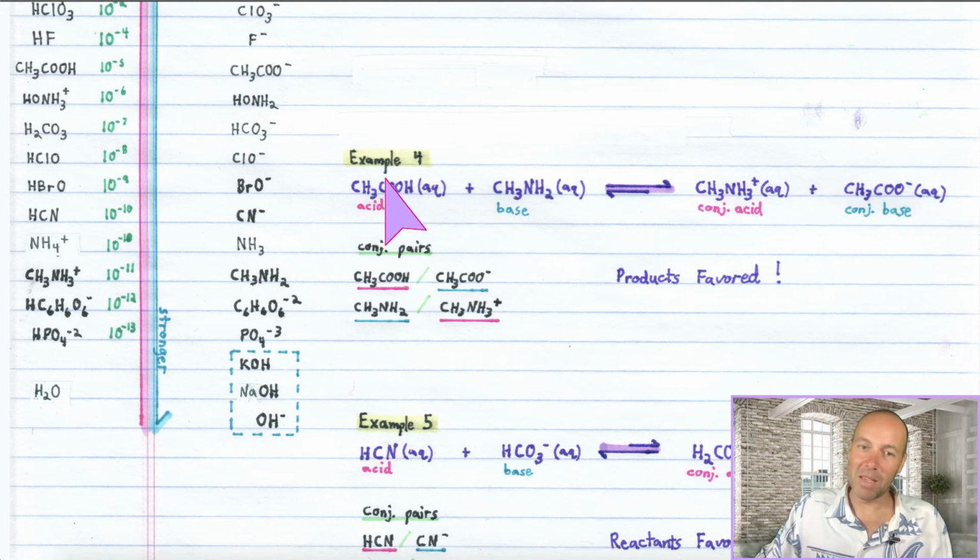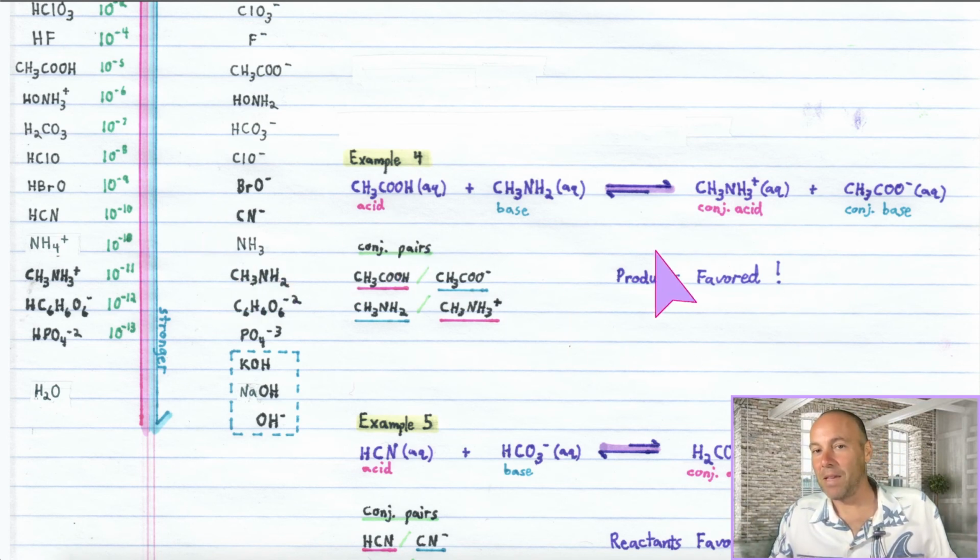This is the conjugate base of that acid, and after this accepts the proton, it turns into that. This is the conjugate acid of that base. Again, you got 2 conjugate pairs in an acid-base reaction, and since you're reacting a stronger weak acid with a stronger weak base, the products are favored. So the forward arrow is longer.